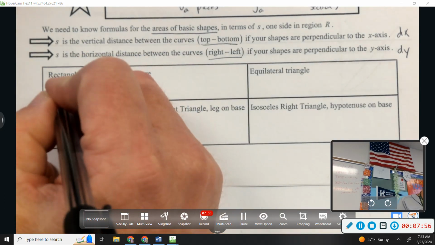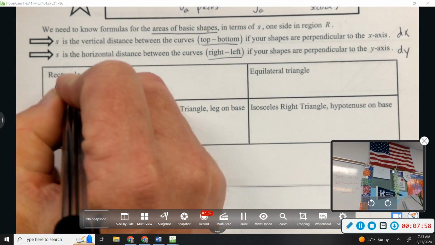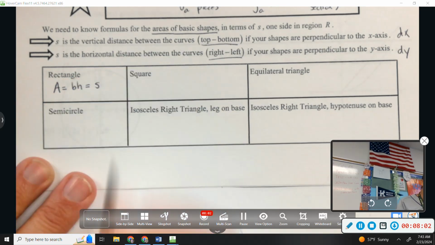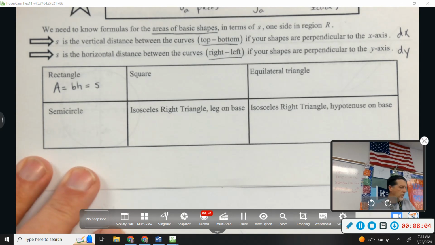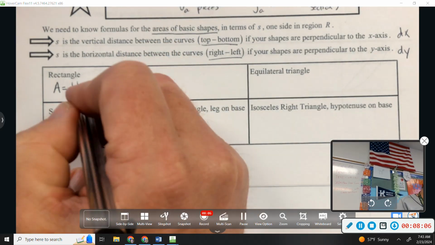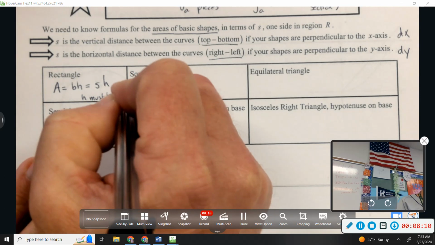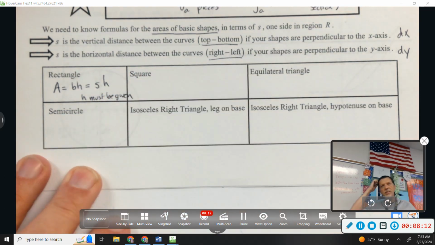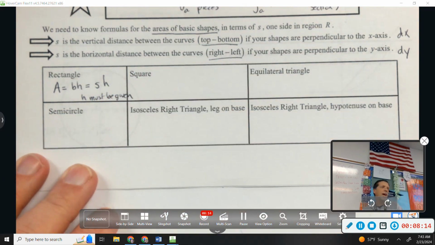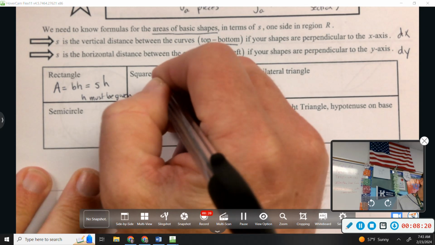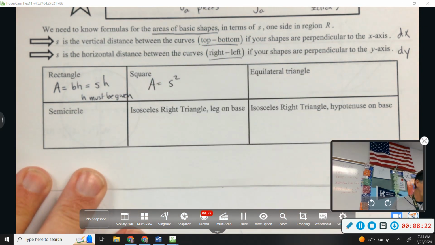So a rectangle would be base times height, but in terms of S, the base would be S, and the height would have to be given. And sometimes it'll just tell you rectangles with a height of 2 or rectangles with a height of 1. Area of a square, S squared.